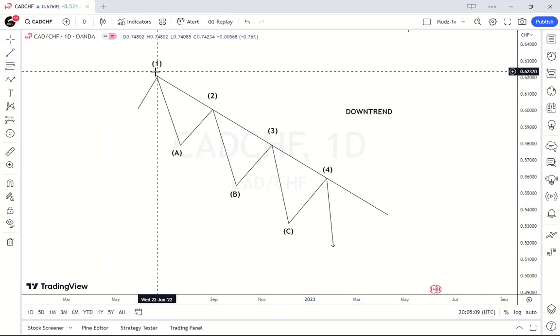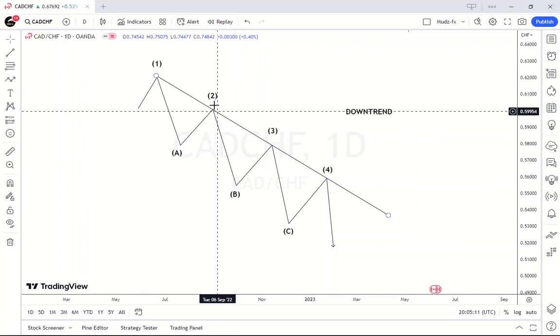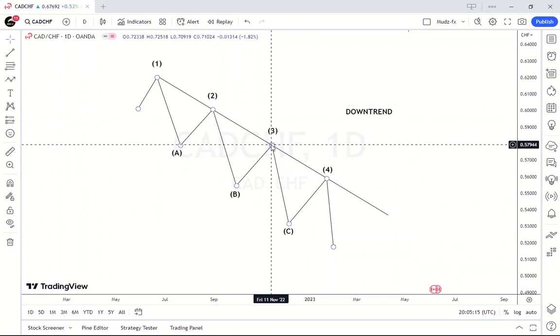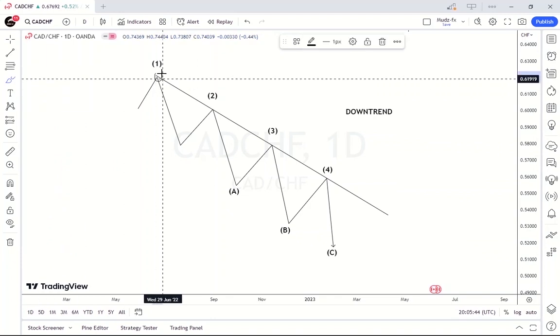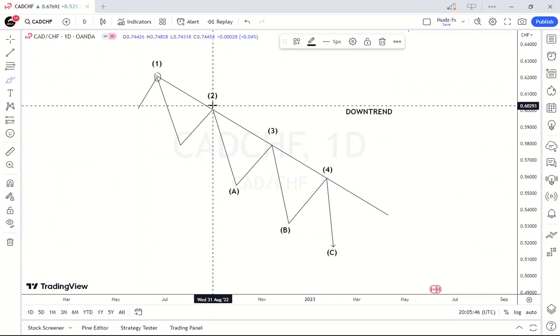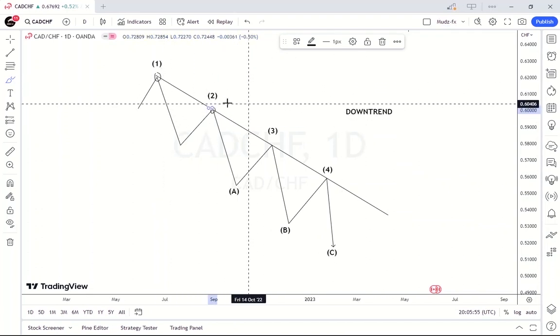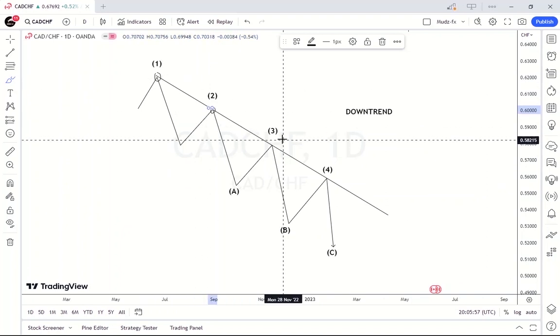So we joined it from number 1 to number 2 just to find an entry on number 3. That means from number 1 we didn't do anything, right? Number 2 we didn't do anything because we didn't know that the downtrend was valid or not.